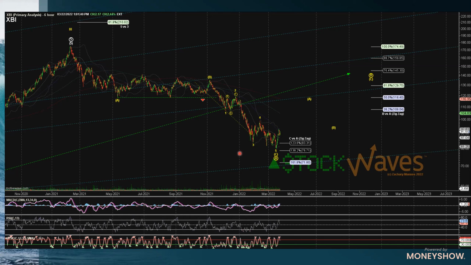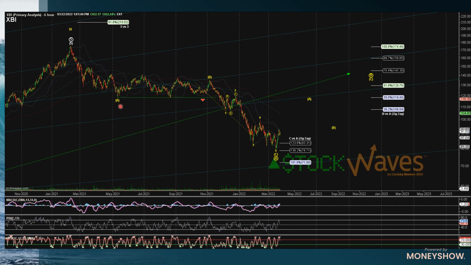And sometimes I use color coding on my charts to emphasize different structures. So the yellow here for subwaves is not meant to be an alternate count. We have a larger 5 waves up that completed in the XBI into the early 2021 high. That was potentially all of a cycle degree wave 3, and so we were looking for a large consolidation.